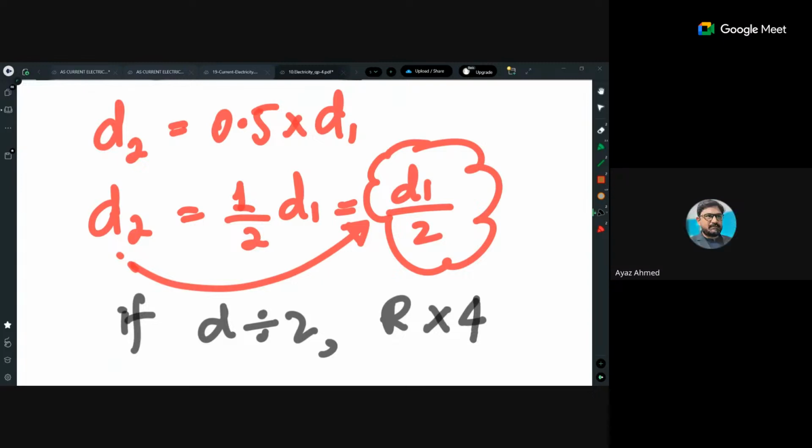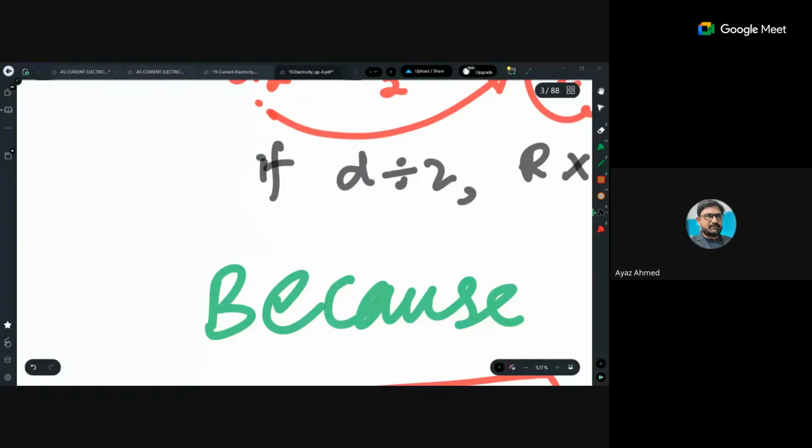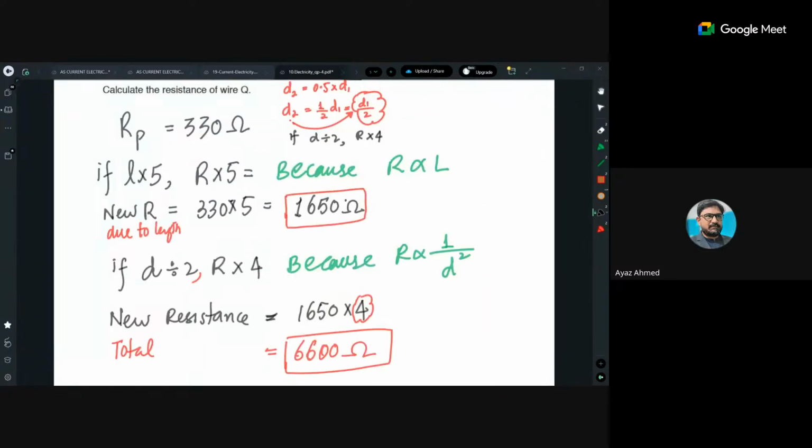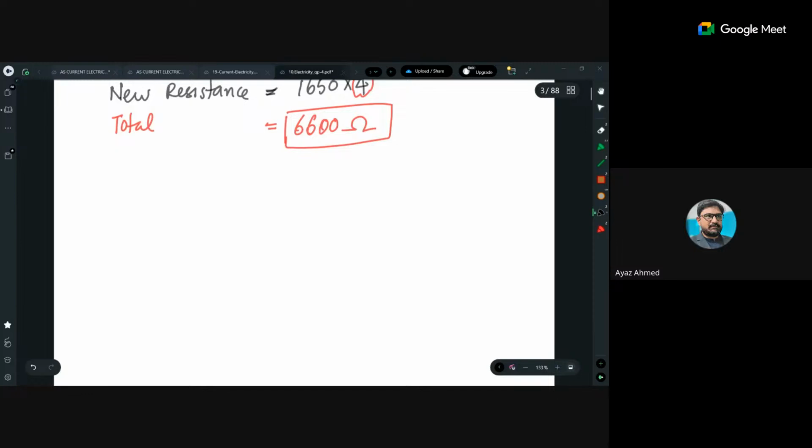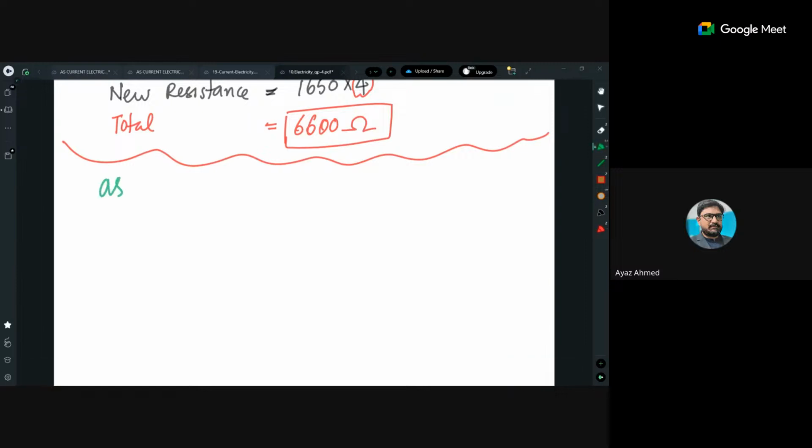So just see your last answer, the resistance due to length is 5 times. You can do this also. Look, there is another way. There are 2, 3, 4 approaches in that. As resistance is directly proportional to length, it will be increased by 5 times.